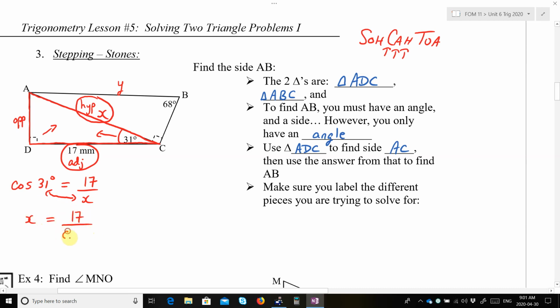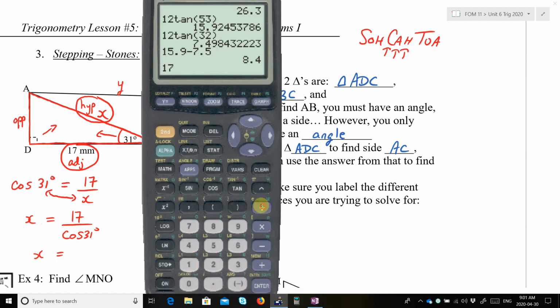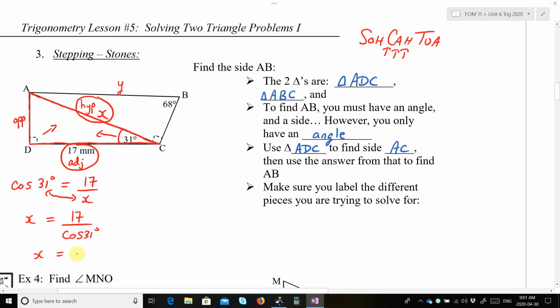So x is equal to 17 over cos 31. And 17 divided by cos 31 is 19.8. And that is going to be millimeters.